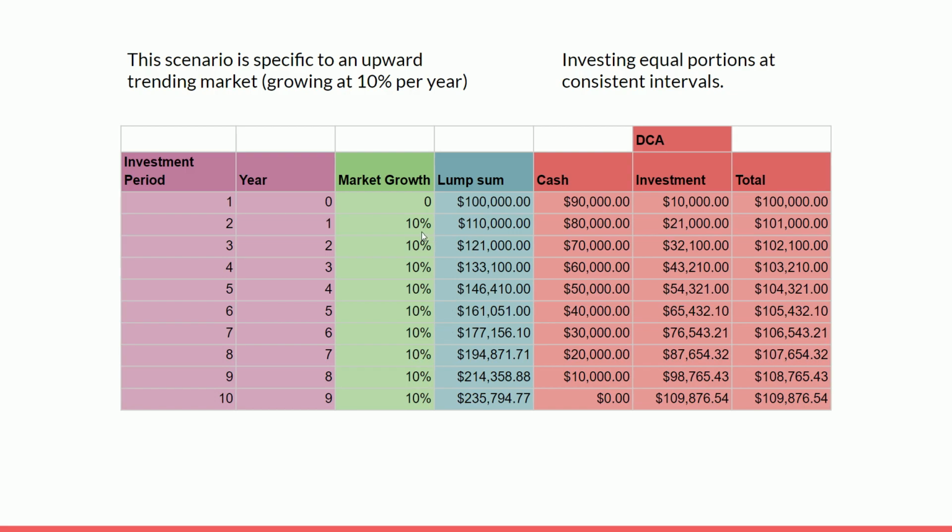So in this scenario, where the price of the shares is always going up, you would want to lump sum at the very start, but you would have to know the market very well. For dollar cost averaging, you would always be buying the shares at a higher price, so you'd be losing out on a lot of money. Essentially, if you put 100,000 in for 1 year, you'd be better off in this scenario.